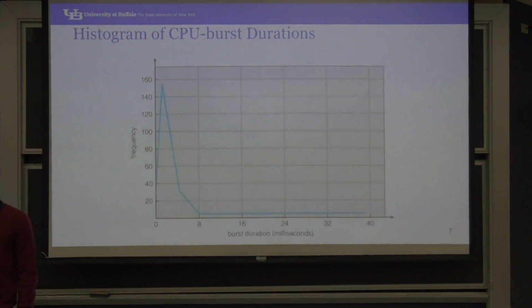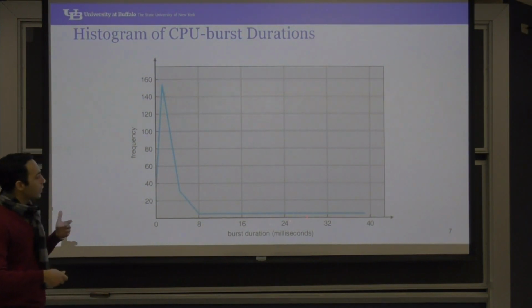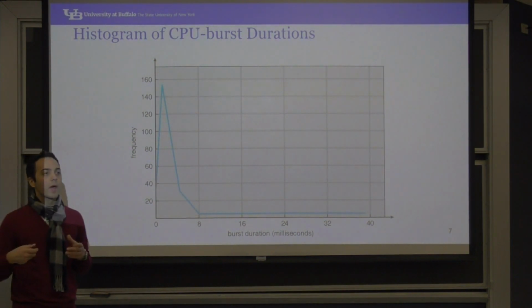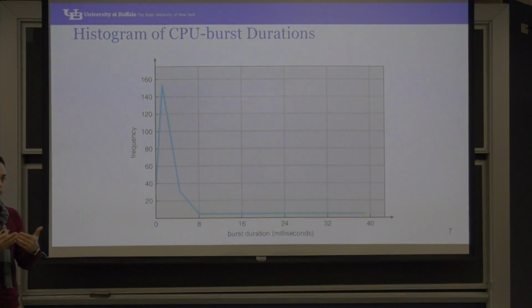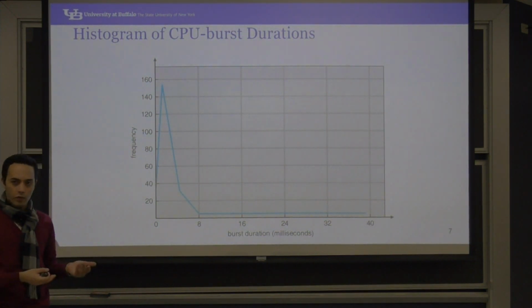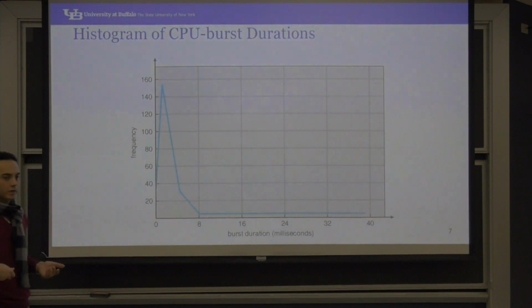If you take a look at the CPU burst durations of different processes, you get a histogram like this. A lot of processes are not very CPU intensive, but they have short bursts of CPU and then do something with the I/O, and again short bursts with the CPU and again waiting for the I/O, right? Most of the cases they have very short bursts.